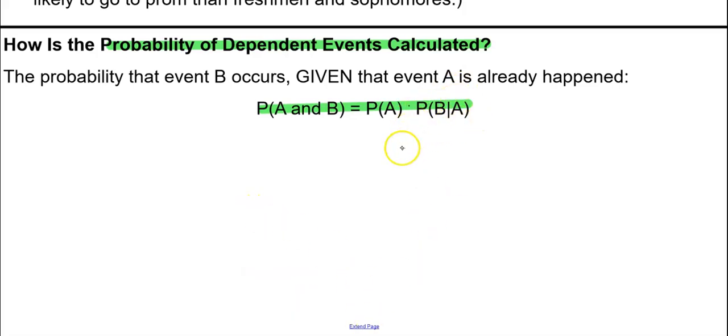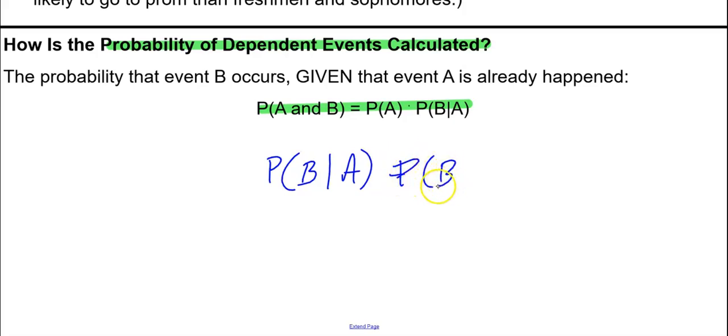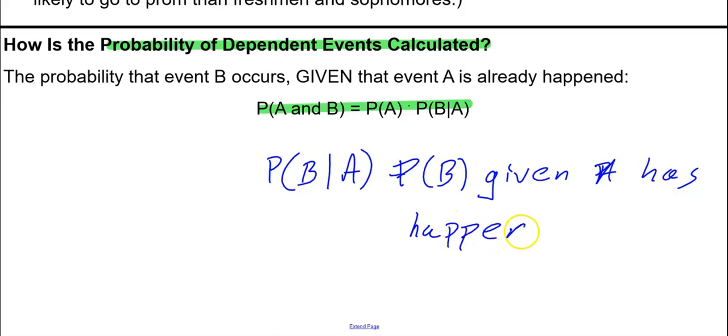This symbol right here means the probability of B given that A has already happened. That's what this means.